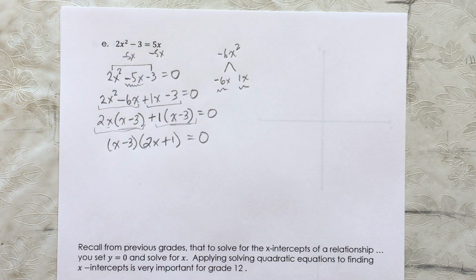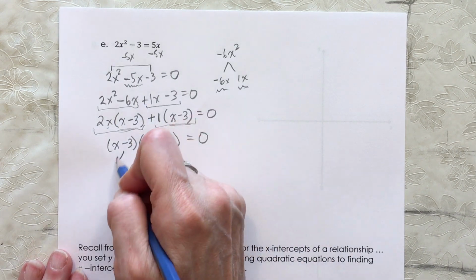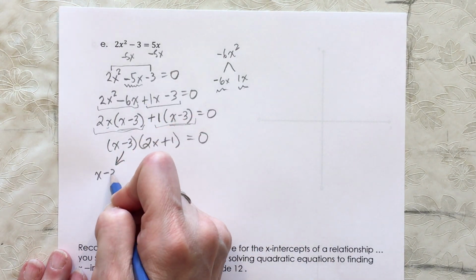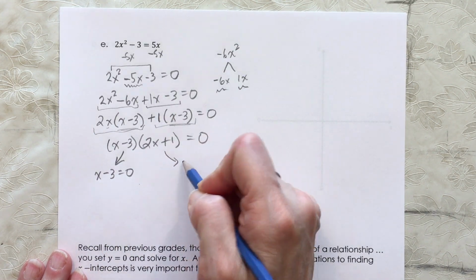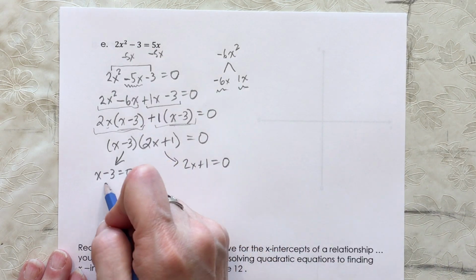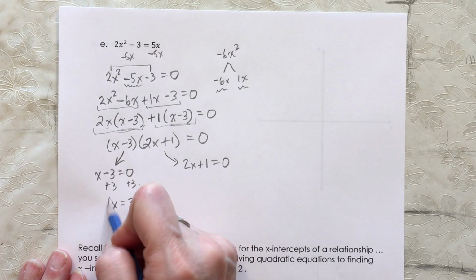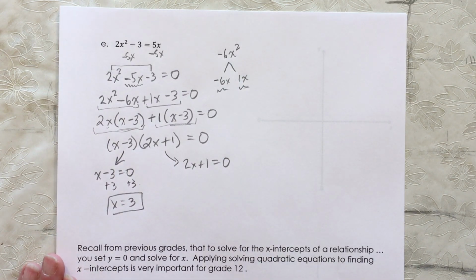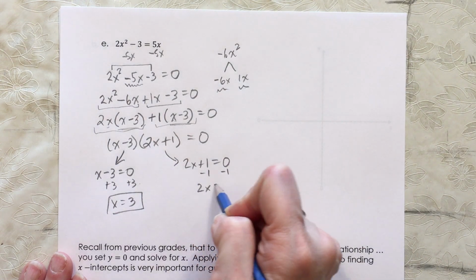So now we've changed it into that format, some number times another number equals 0. So that's going to lead to our 2 solutions. Either x minus 3 has to equal 0, or 2x plus 1 has to equal 0. This one's really easy. We know that x equals 3 is one of our solutions. And the next one's just 2 steps here.